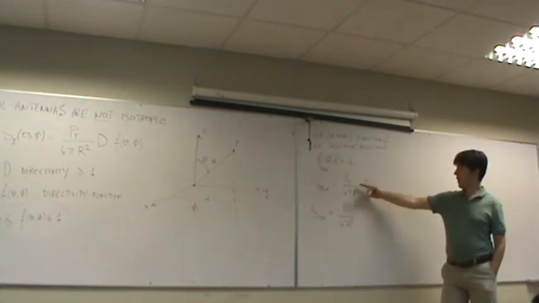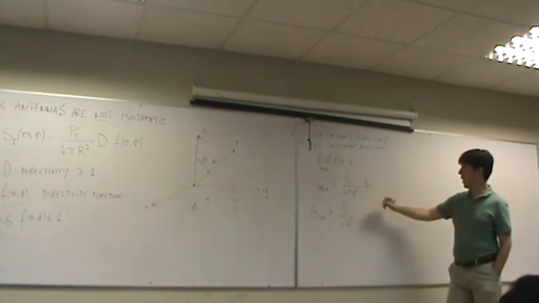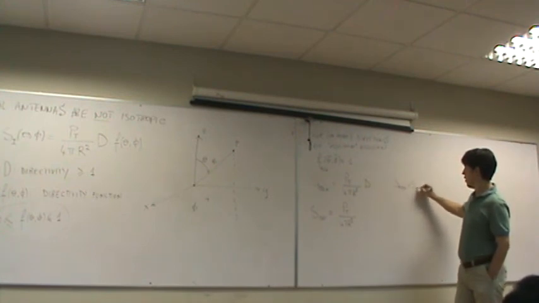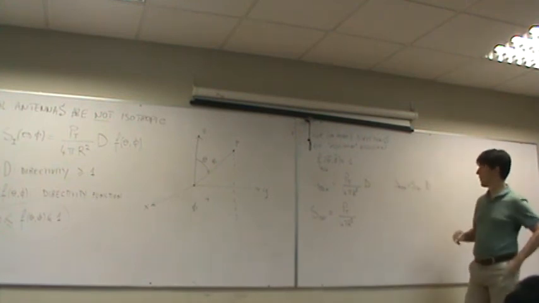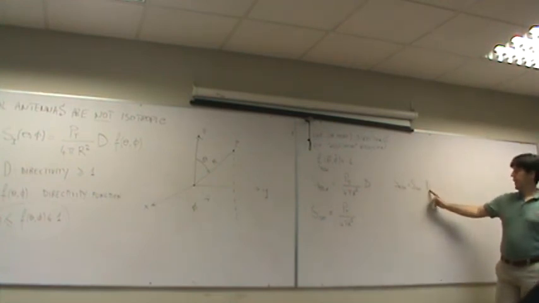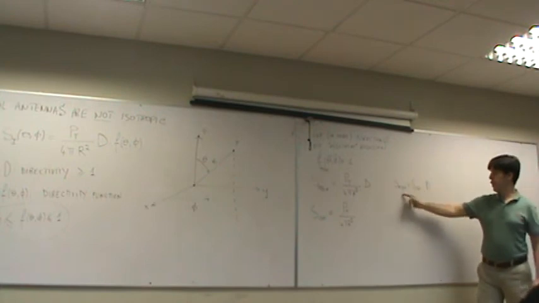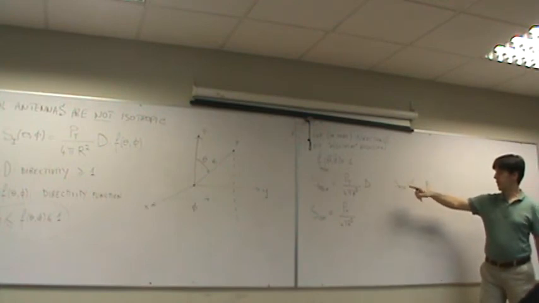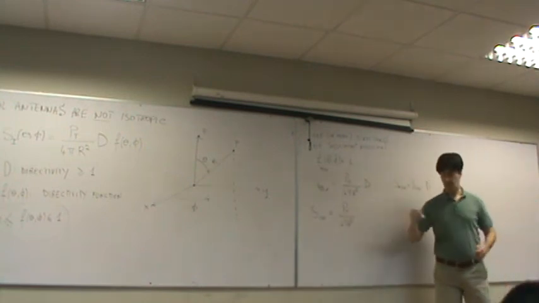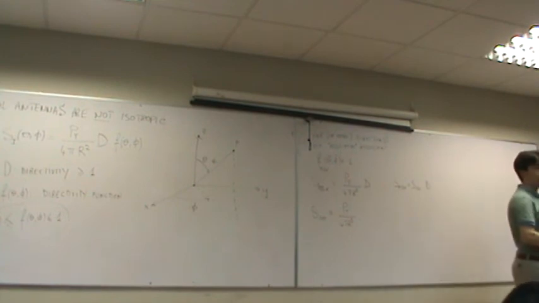So from this, if you divide those two equations, you find very easily the definition of directivity. The directivity is simply the ratio between the maximum density of your antenna divided by the density of the isotropic antenna.